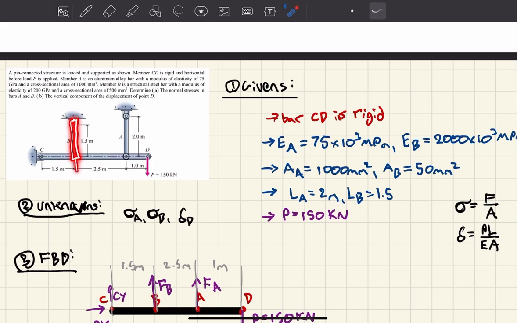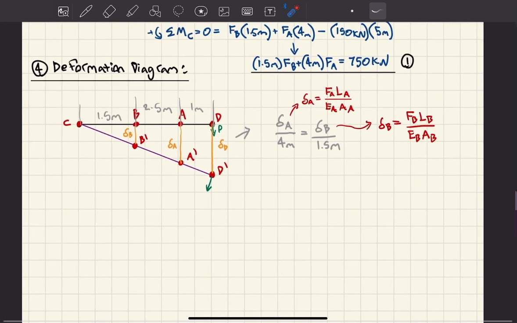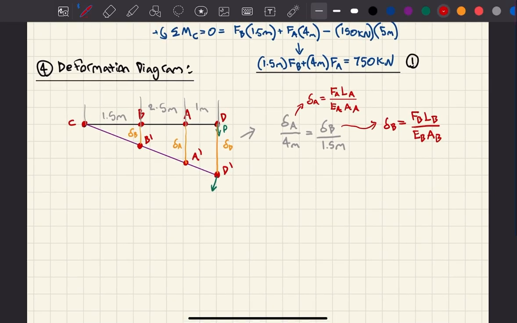So this bar will also go down, right? So the deformation of point B and bar B is the same, right? So that's why I'm using the length of bar B or the length of bar A and the elastic modulus and these properties. So please don't get confused when I'm using this terminology.